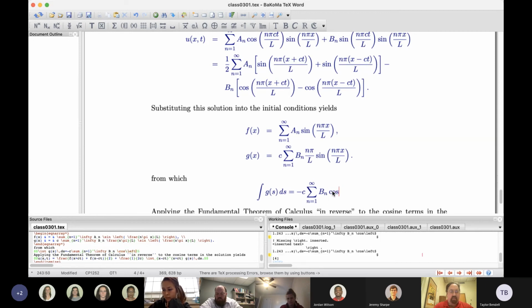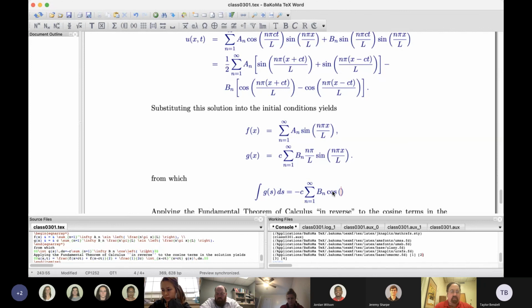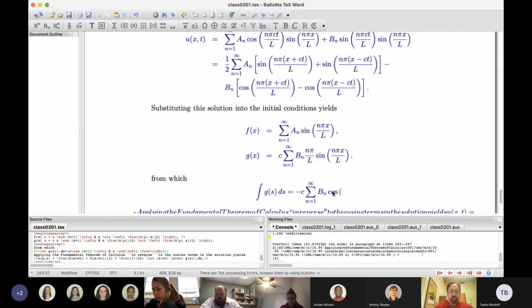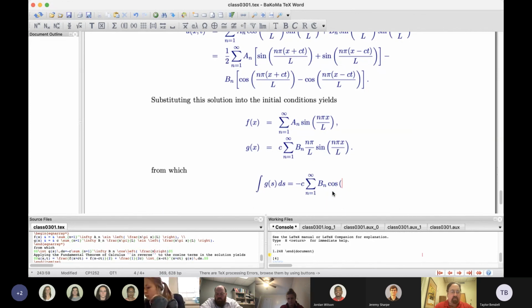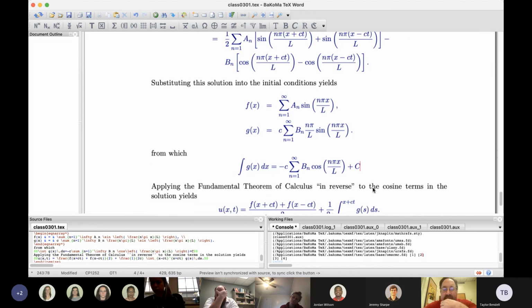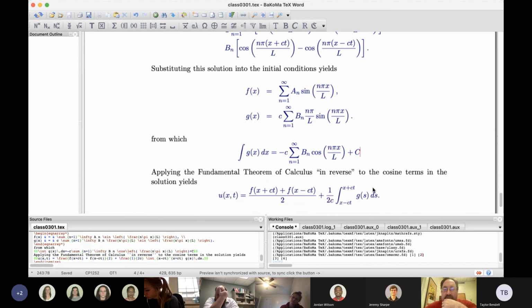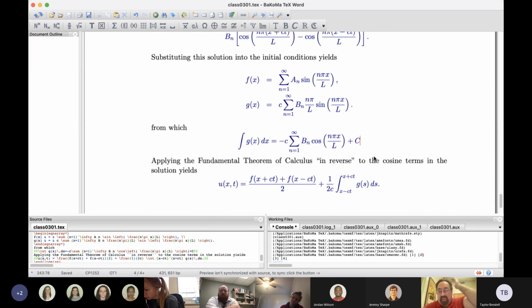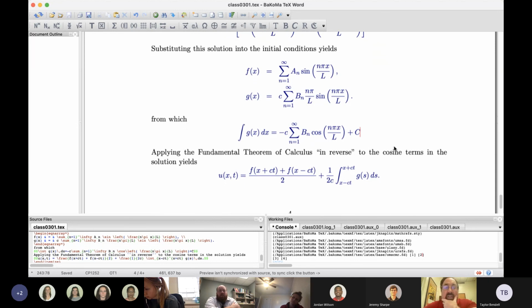cosine. Actually, I just realized I intended to make this an indefinite integral. Plus C, the constant of integration. But your Cal 2 instructors always require you to put it, or else take points off.